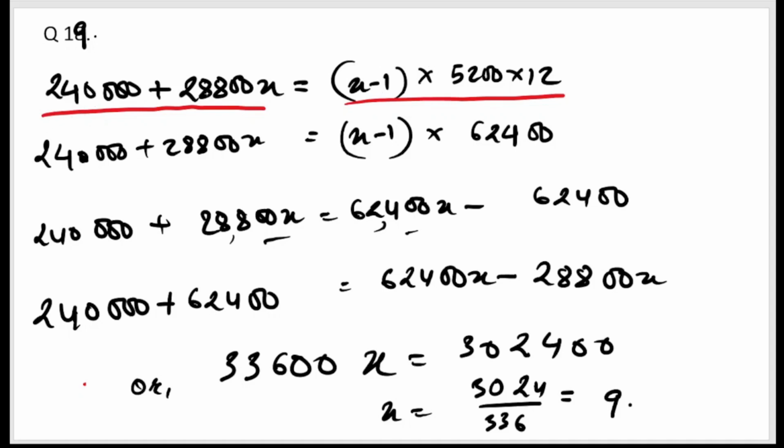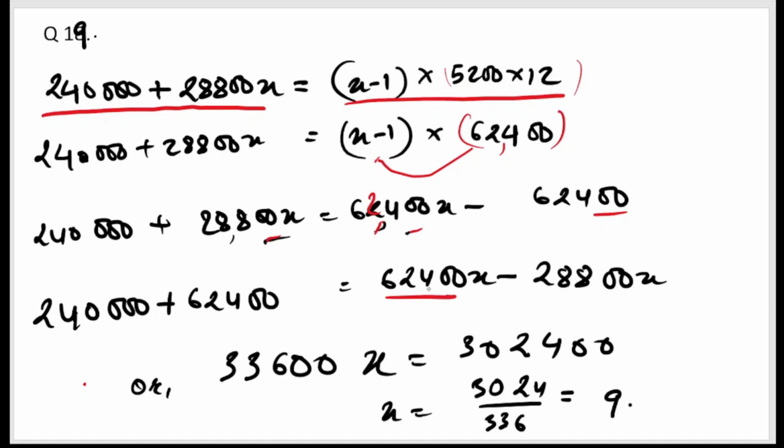So 2,40,000 plus this equals to this. When you multiply this, you'll get this as 62,400 rupees. You have to multiply with x, 62,400x minus this one. अब x यहाँ छ, x यहाँ छ, x भएकोलाई एकपट्टि.